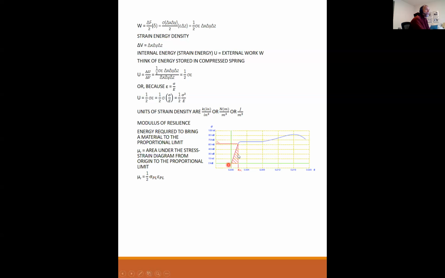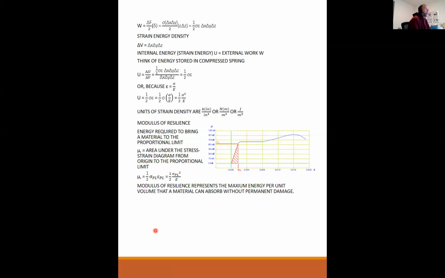So the modulus of resilience is equal to 1/2 sigma, and this is PL, proportional limit, squared over E. The modulus of resilience represents the maximum energy per unit volume that a material can absorb without permanent strain or damage. So that's an important concept.